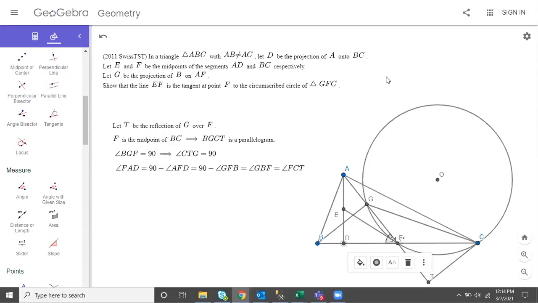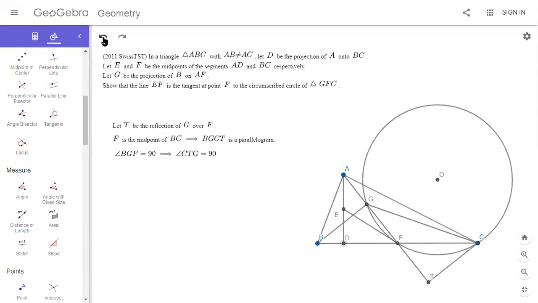EDF and CTG. Yeah, they're similar. How do we show they're similar?